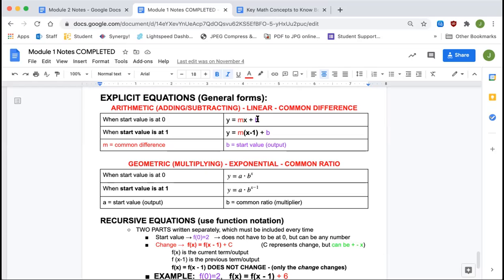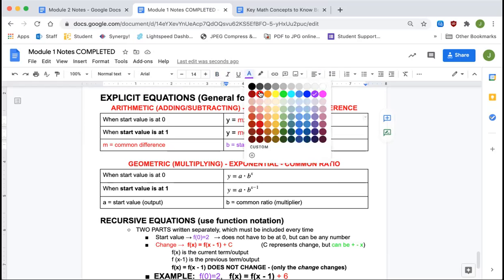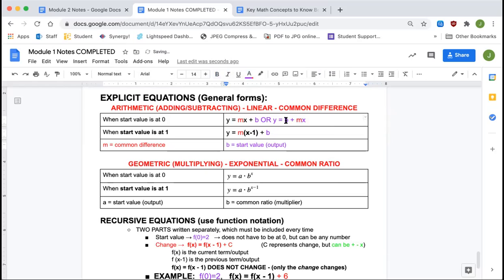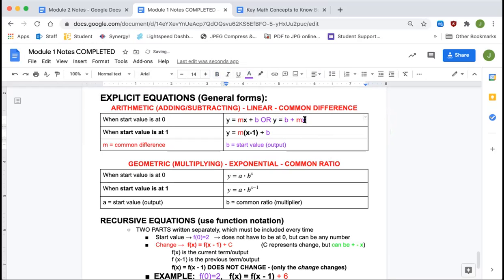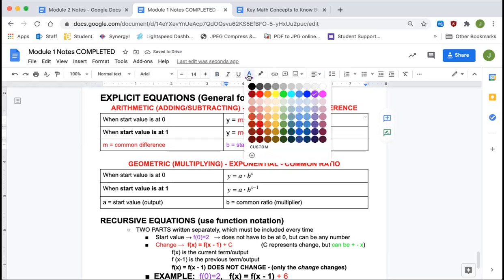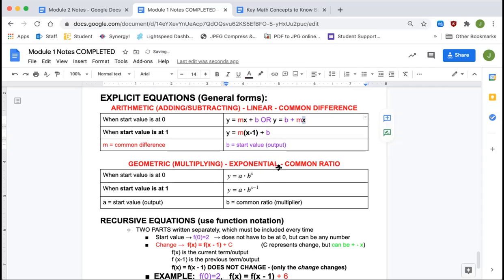So if it's linear, we've been writing it y equals mx plus b, or y equals b plus mx, where m is still the common difference, how it's changing. The b is still the start value. Of course, the x and the y are just any point on that line.